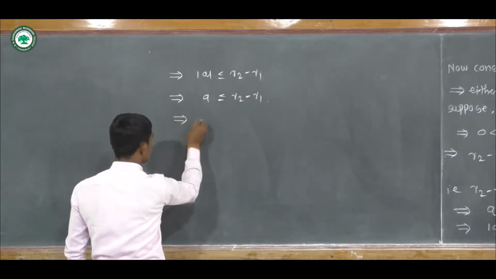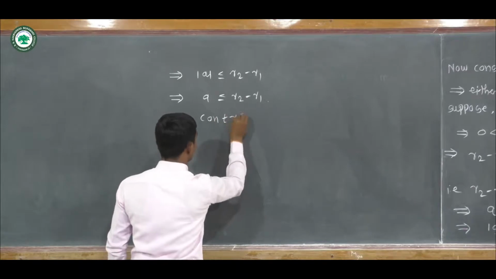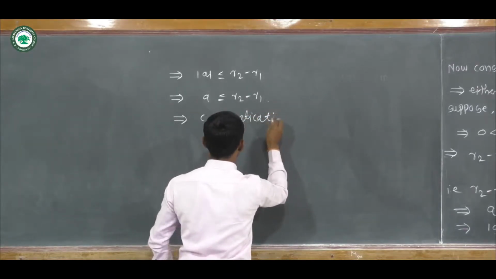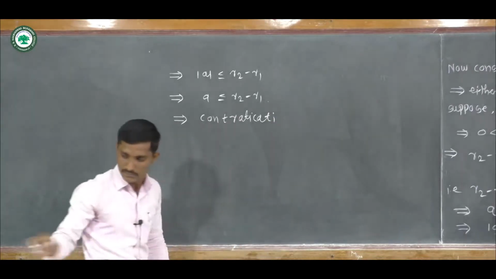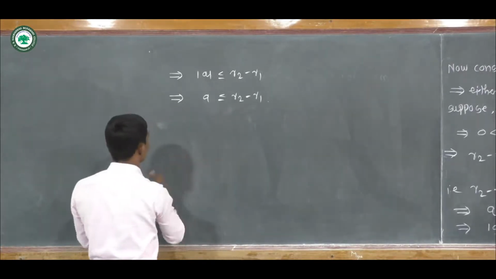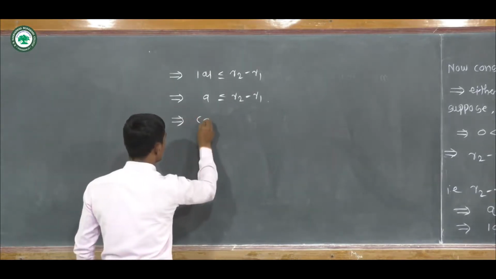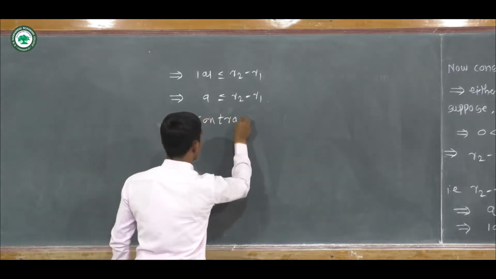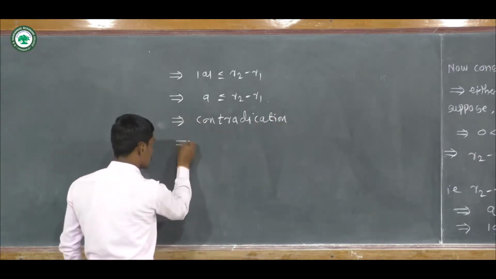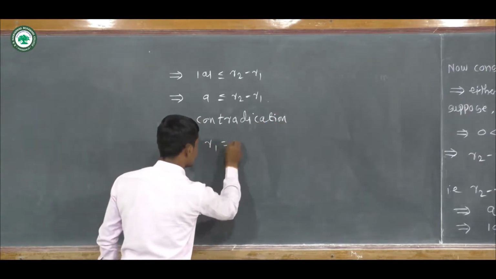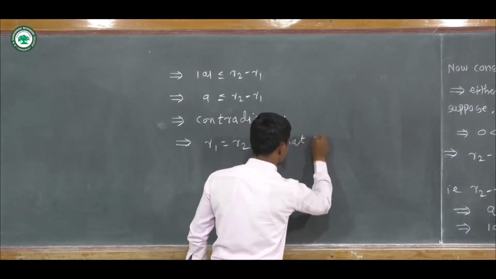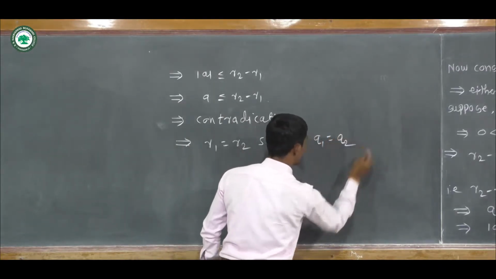This implies a contradiction. So this implies r1 is equal to r2, so that q1 is equal to q2.